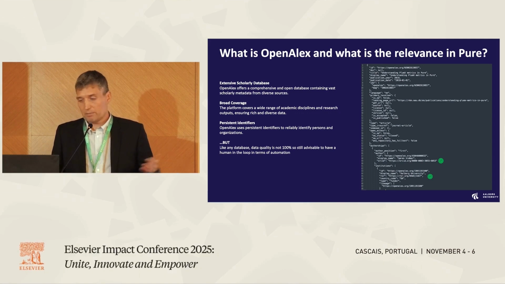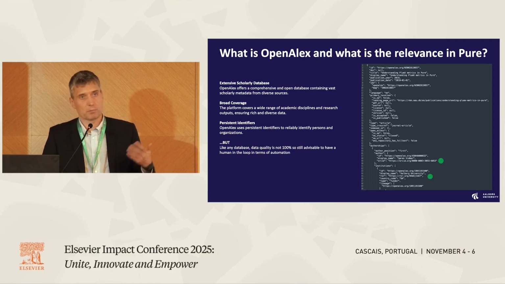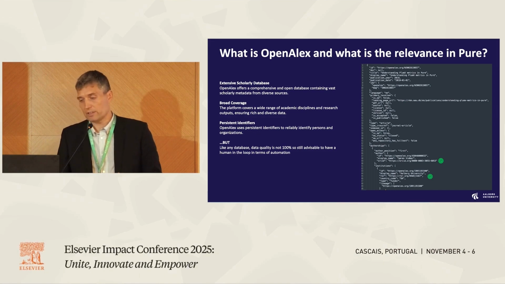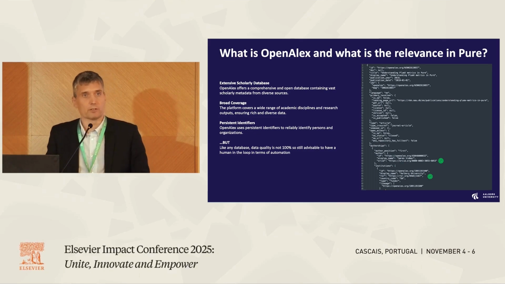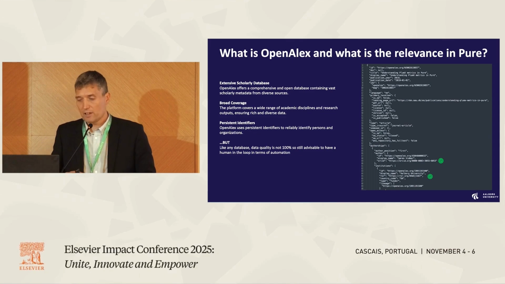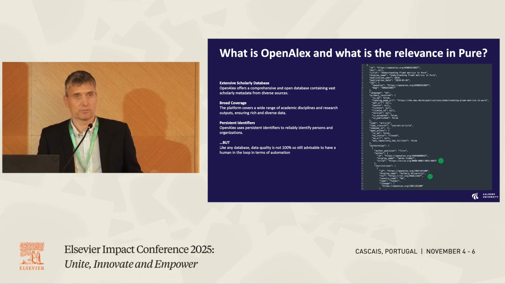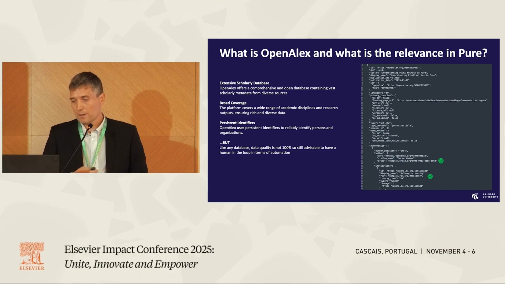Like in any database, there are some issues with data quality. So I think it's still advisable to not blindly trust what's in OpenAlex, and you have to have a human in the loop in terms of automating things.